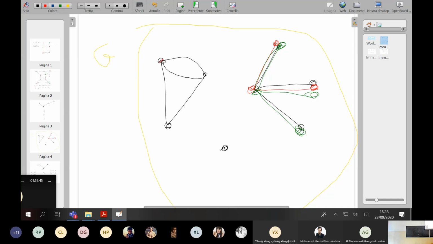Analogously, this is a connected subgraph of G, okay? But it is not a component. Why? Because there is a connected subgraph of G containing it.